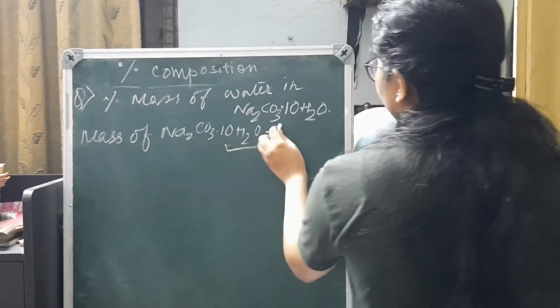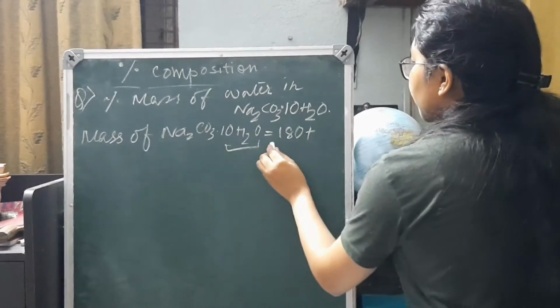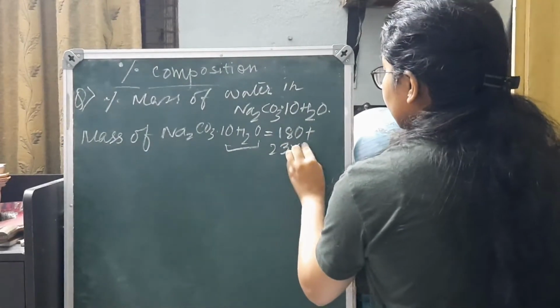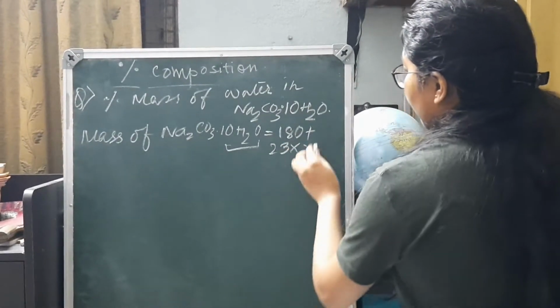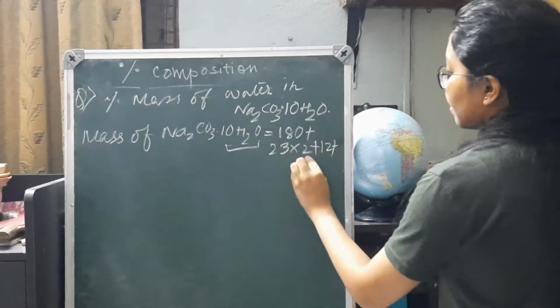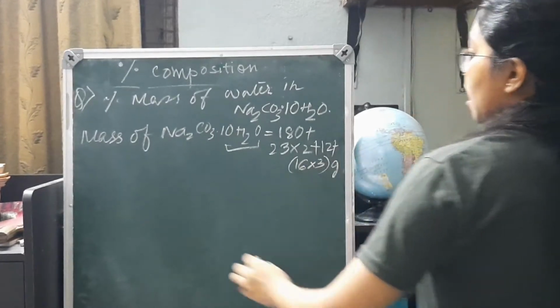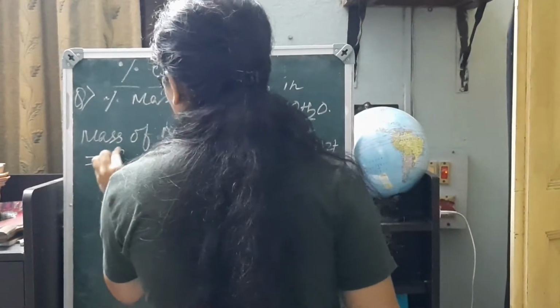Evaluating this part, it is 180 plus 23 into 2 plus 12 plus 16 into 3 gram.